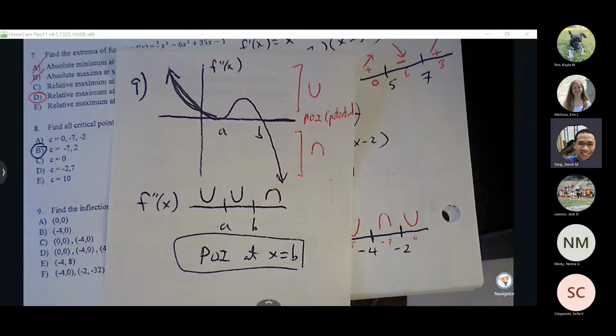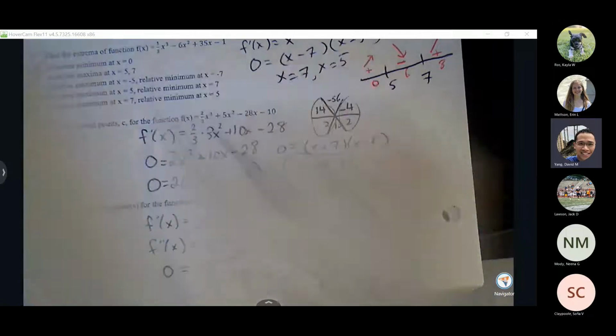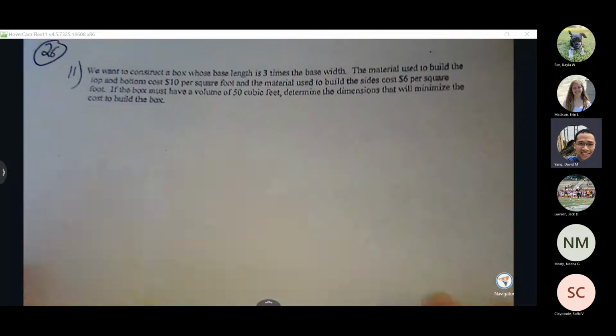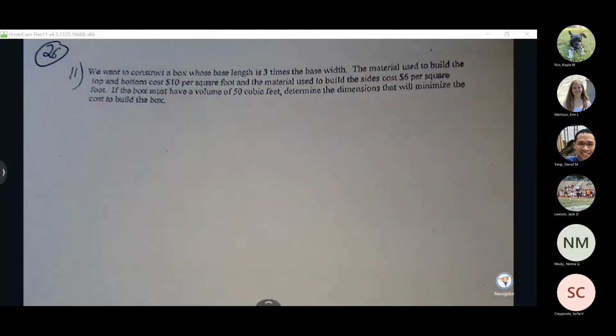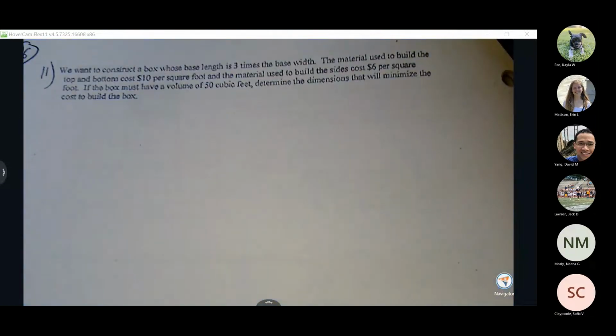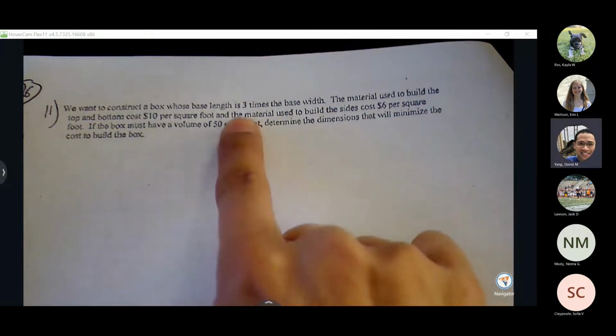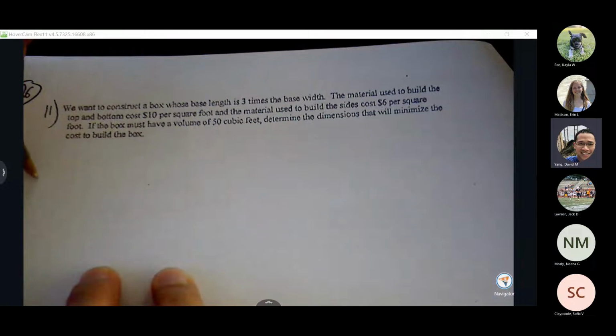Okay, turn to page 26. This is the problem that you're going to have to be able to do on optimization. It will be a box problem finding minimum cost. Construct a box whose base length is 3 times the base width.